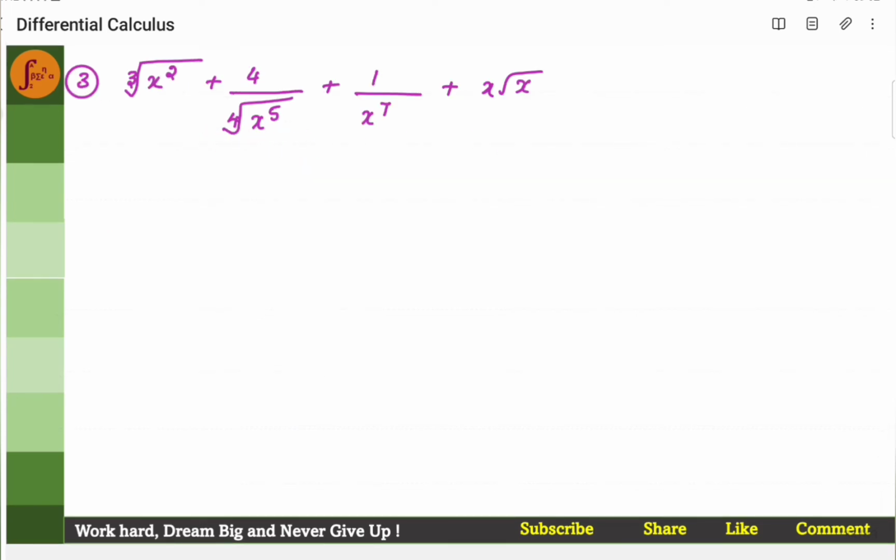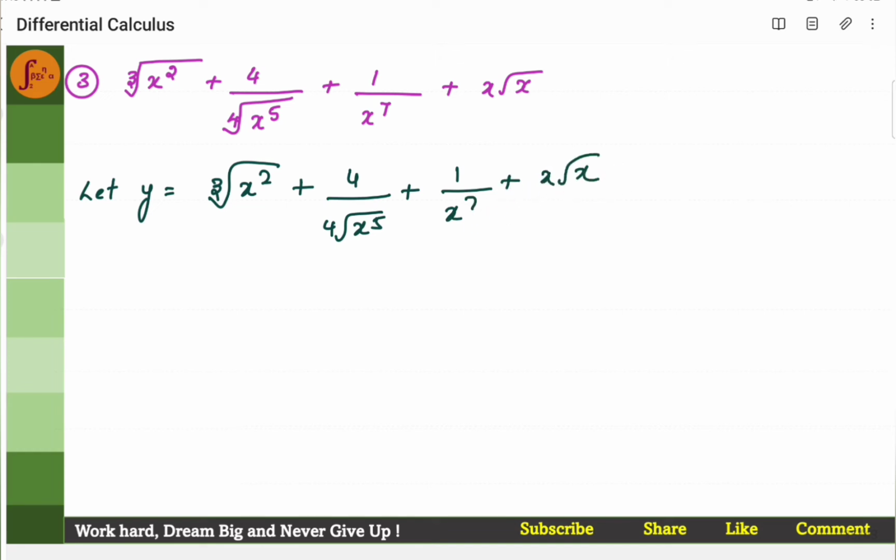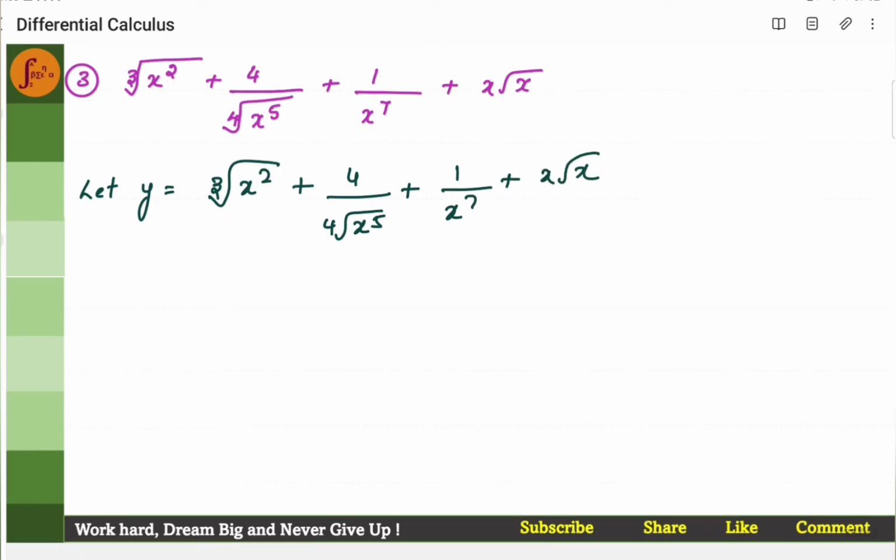Now let's take this third problem. Here all the roots we will have to write in the form of powers. Let's first say y is equal to, I'll copy the entire thing, cube root of x square plus 4 by 4th root of x to the power 5 plus 1 by x to the power 7 plus x root of x. So we can write cube root of x square as x to the power 2 by 3.